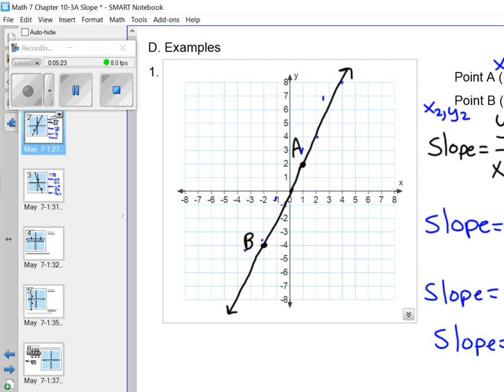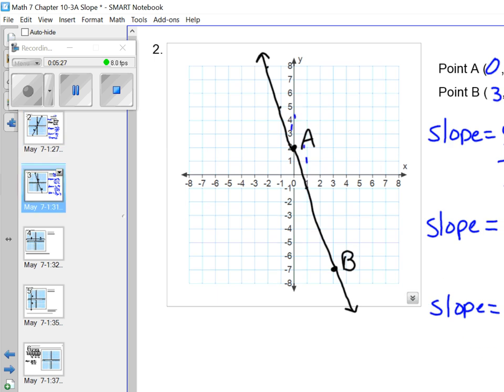You have to crawl up the line. Negative slope, you slide down the line. So that's one of the ways to tell if you have a negative slope or a positive slope. Are you supposed to slide down or climb up? We climb up the positives, we slide down the negatives.